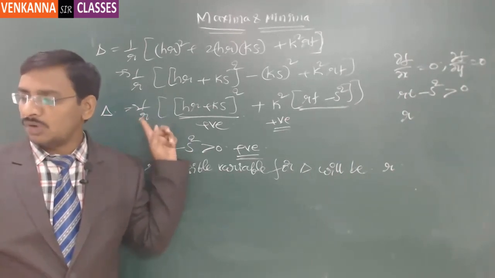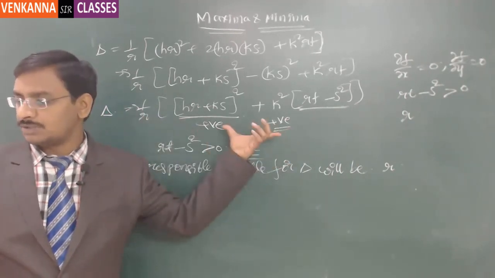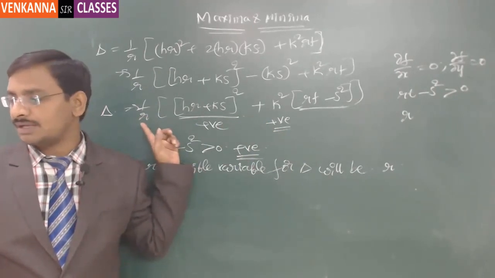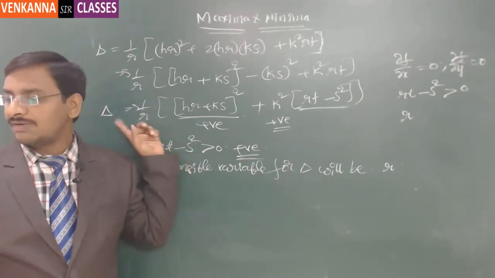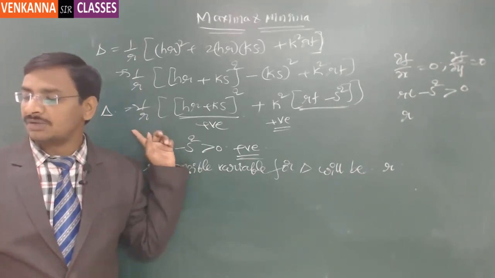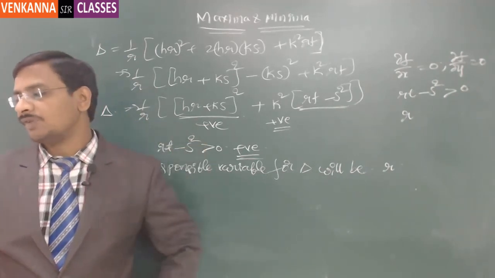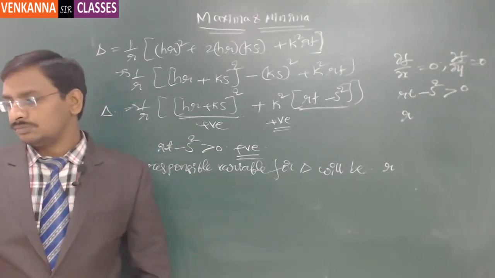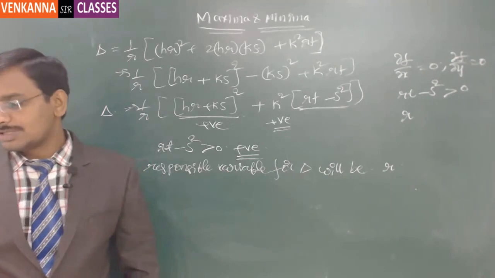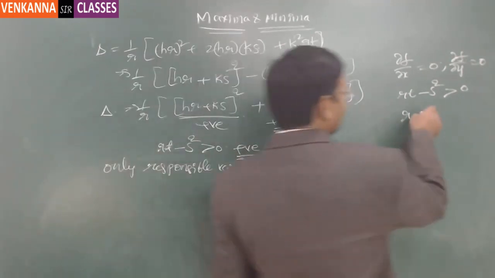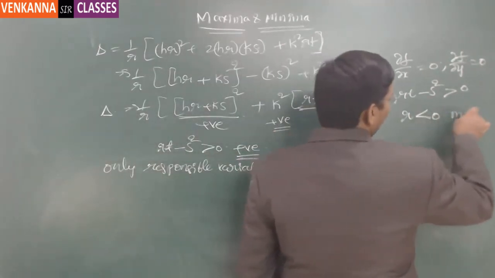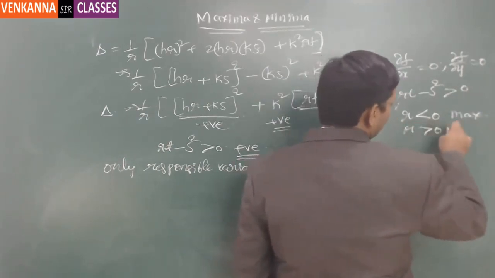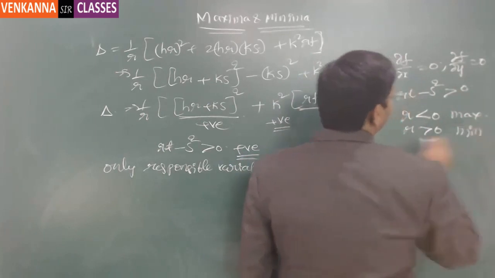Now delta is dependent on only R because the rest of the values are anyway positive. So R is the only responsible component. If R is negative, then delta value will be negative. Obviously maximum. So if R less than 0, maximum value, R greater than 0, minimum value, you are going to get it.